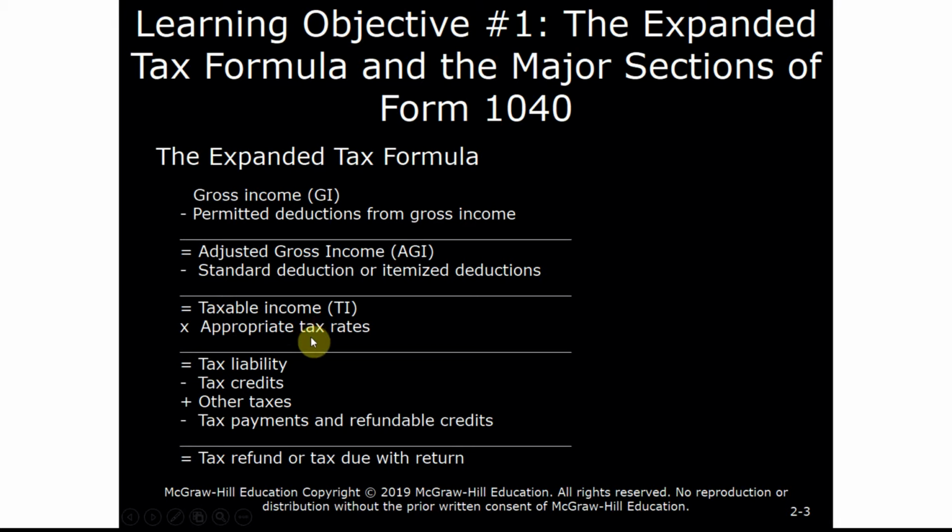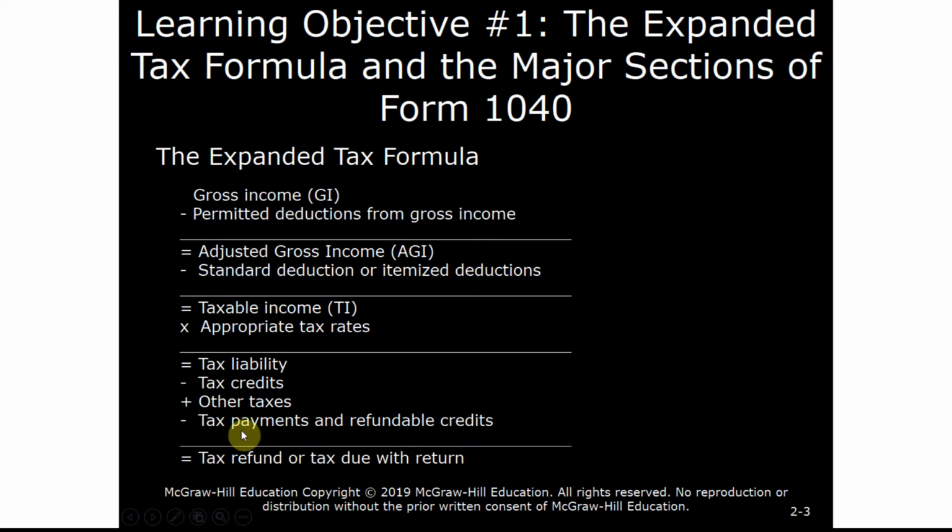Once we determine our taxable income, we'll multiply that by the appropriate rates or look in the tax table if our taxable income is below $100,000, and we'll determine our tax liability. Once the tax liability is determined, we'll deduct any tax credits, add on any other taxes that we owe, and then we'll deduct finally any tax payments and refundable credits.